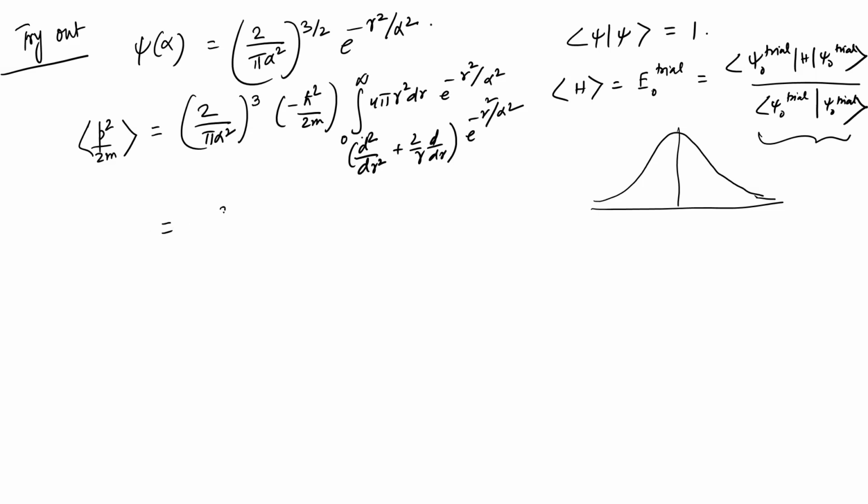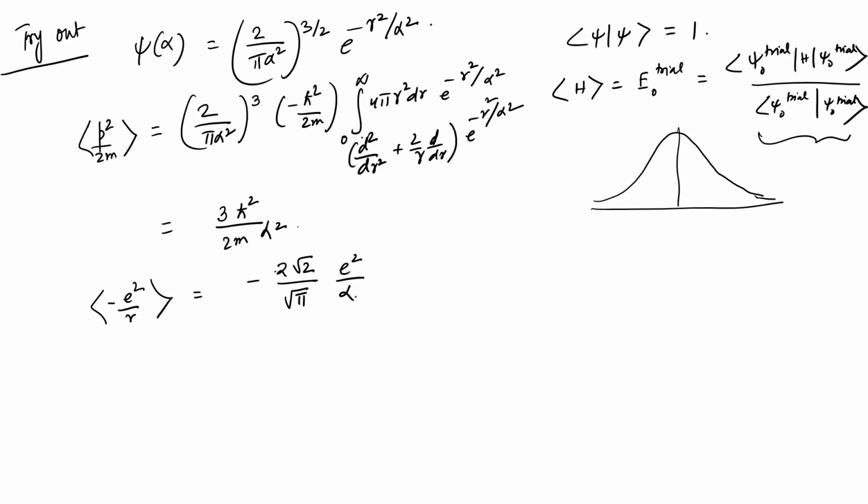If you calculate that, you get 3 ħ² by 2m alpha squared. Okay. So, that is your p squared over 2m expectation, and the expectation of minus e squared over r, that is simpler, that gives you minus 2 root 2 by pi root pi, and one gets e squared over alpha.